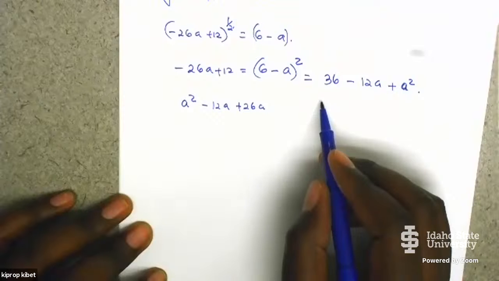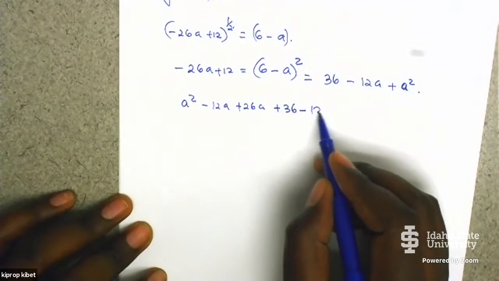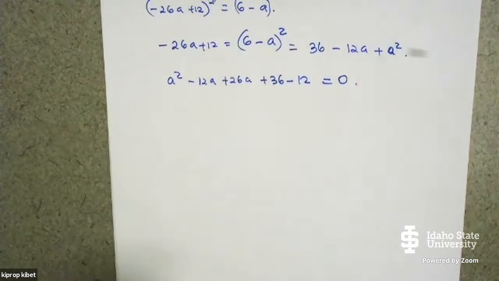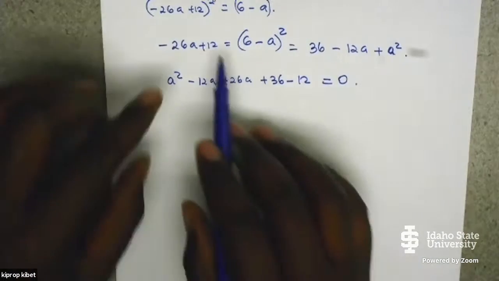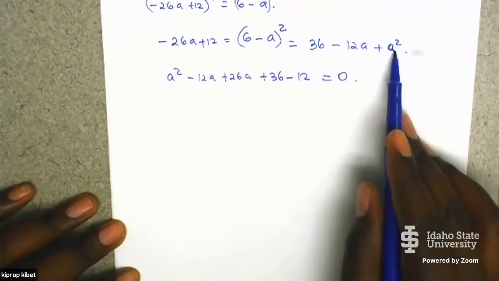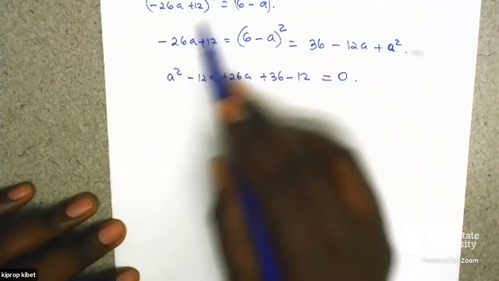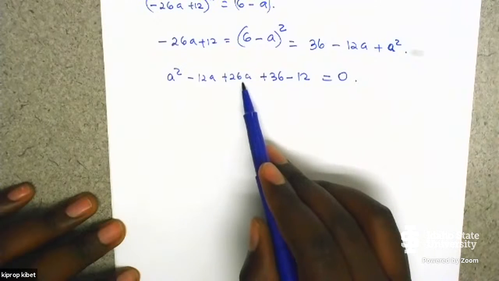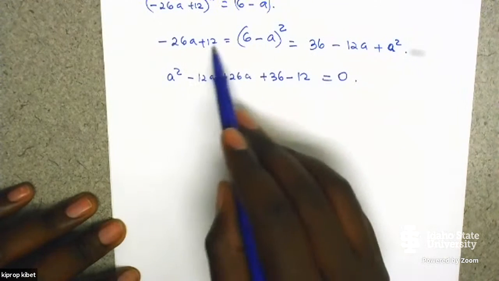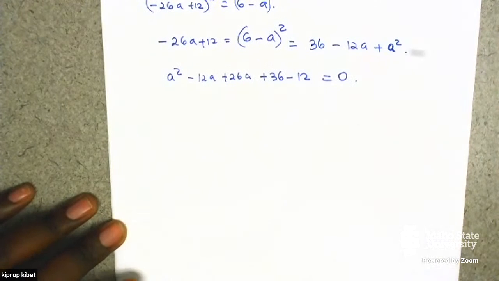Bring the 12 to the other side, plus 36 minus 12 equals 0. I just rearranged it and took all these to the other side. So it is a squared, and then minus 12a, and then I took minus 26a to the other side. 36 is this, and I took this 12 to the other side, which becomes minus 12, equals 0.